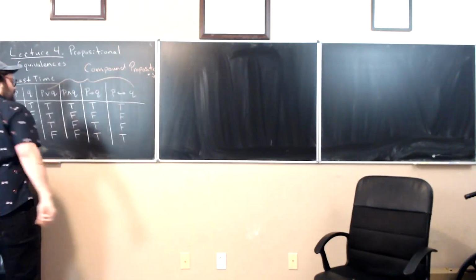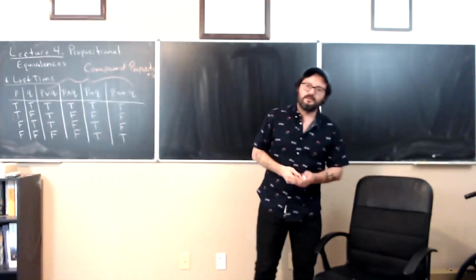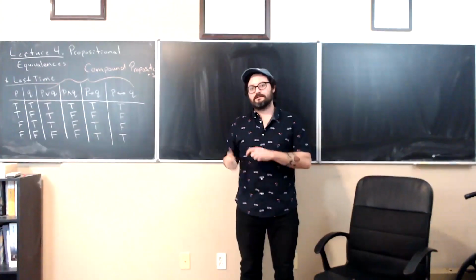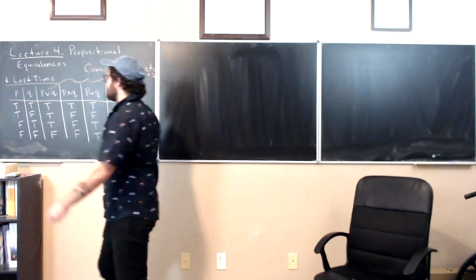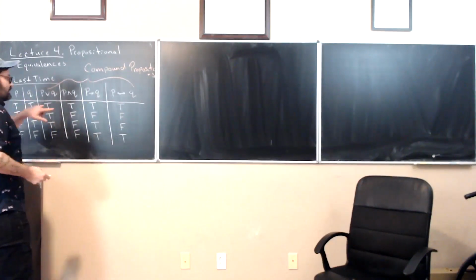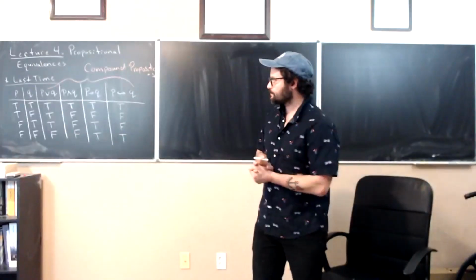These compound propositions are propositions themselves. They will have a truth value that is either true or false, depending on the values of the propositions that you're using in making those compound propositions.